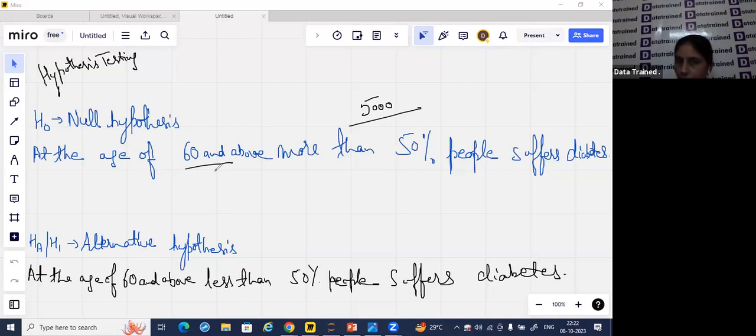With the help of emails also, we are asking them to fill up the form, if they are willing; that is up to their choice. So I am able to collect 5,000 people's data who are above 60, and they fill up the data and put all the details asked in the questions.